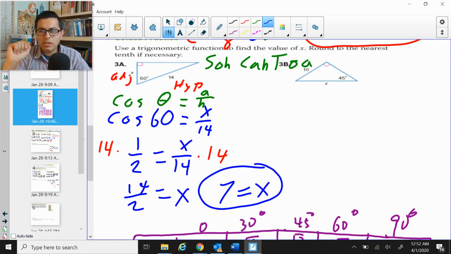Let's use the same technique with our other triangle here. Now, this is very, very important that you're able to see where the hypotenuse is. Well, the right angle is over here. That means the hypotenuse is on this side.